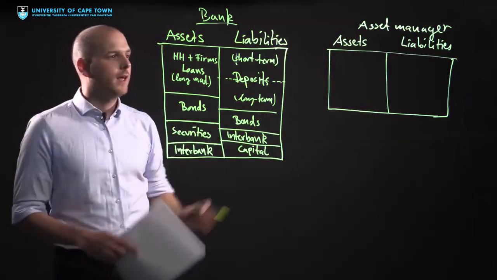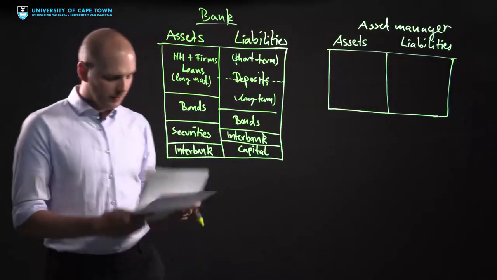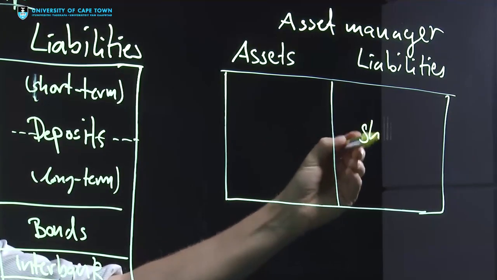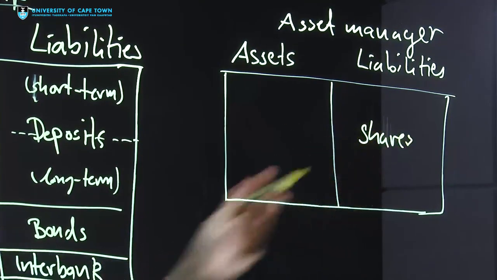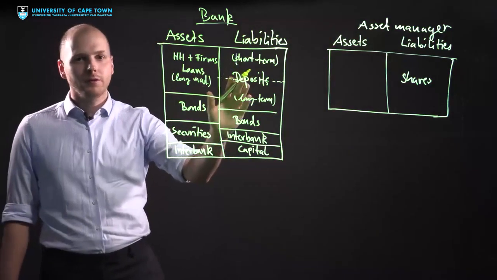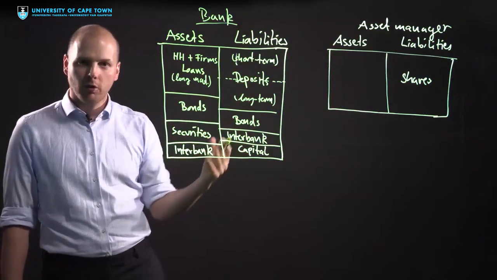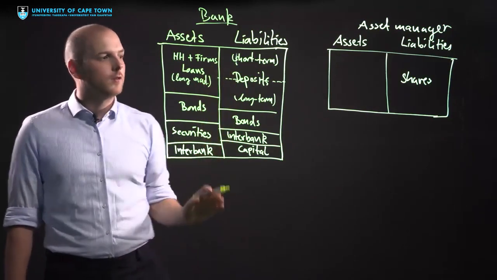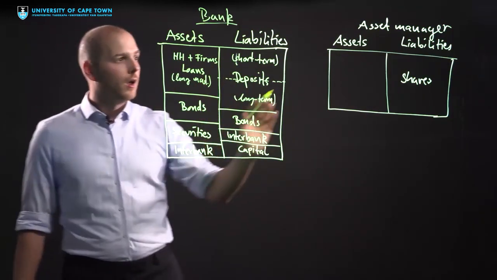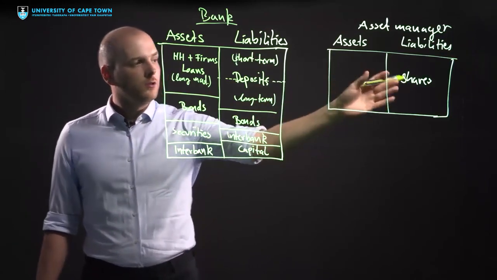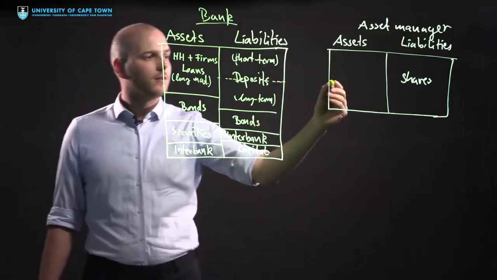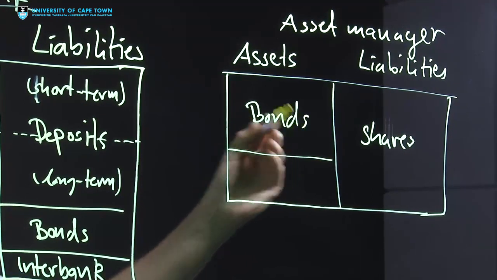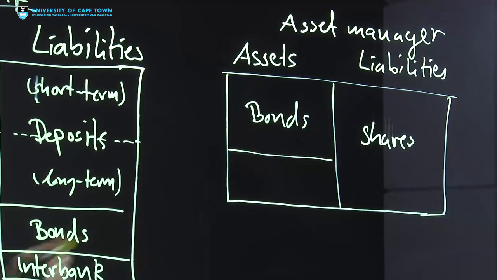And we also divide between the asset side and the liability side. On the liability side, asset managers have mostly shares. So these are similar to deposits in that households hold them and they are very short term, but they don't have the exact same characteristic of deposits. Asset managers use these shares and invest into bonds and equities.